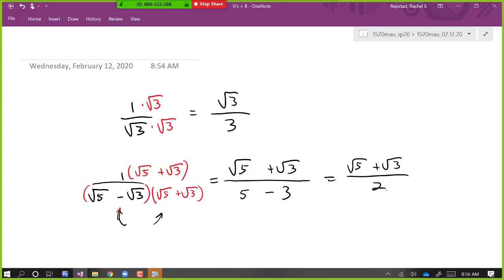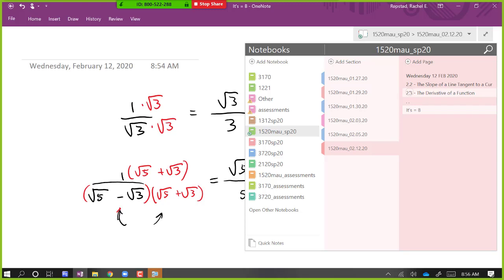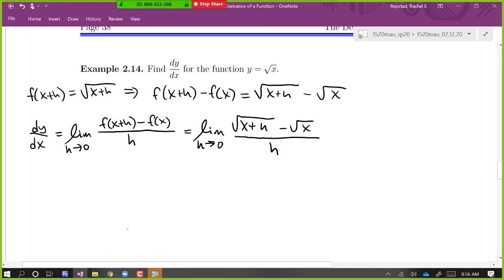So with this in mind, I'm going to go back to the notes, to this example. Our approach to evaluating this limit, finding the derivative, is to now rationalize the numerator. So I'm going to take that same approach that we had in the last extra example we looked at. I'm going to apply it here.